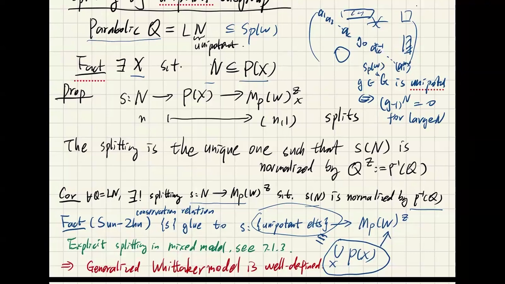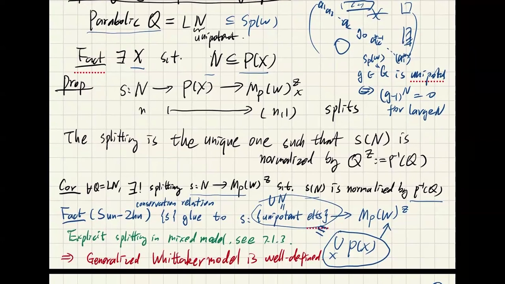You can think of the unipotent elements as the union of all unipotent subgroups inside G. Then you have a well-defined map from the unipotent elements to the metaplectic group, such that it restricts to a group homomorphism on any unipotent subgroup.